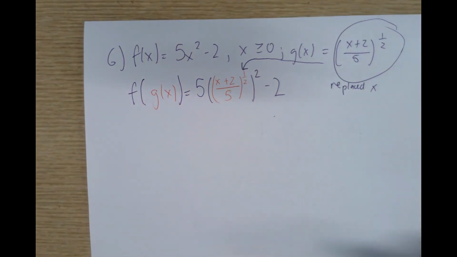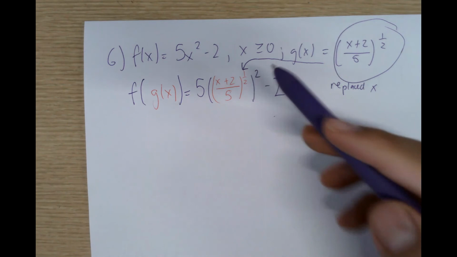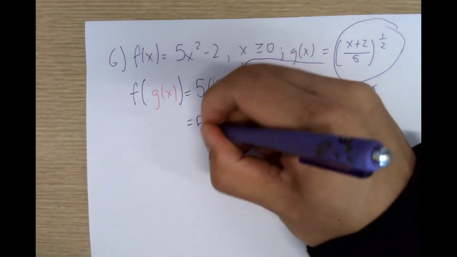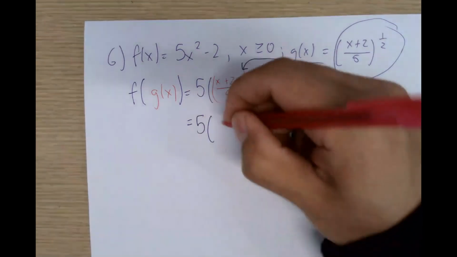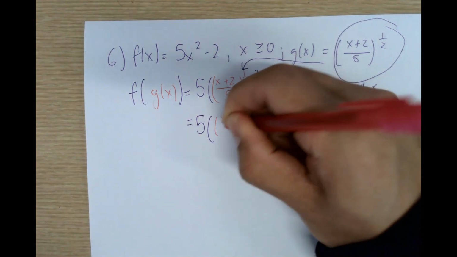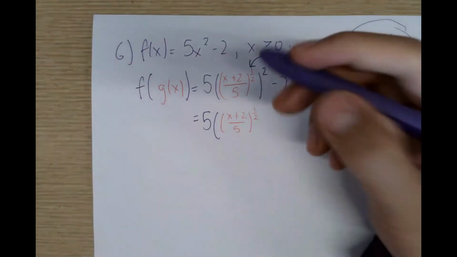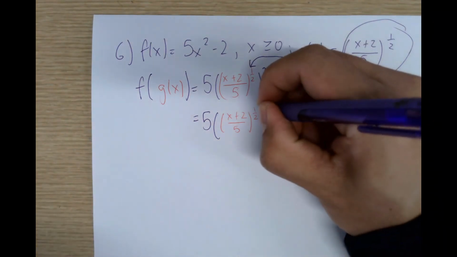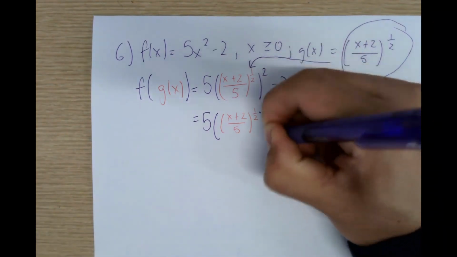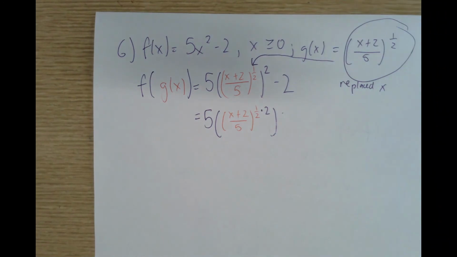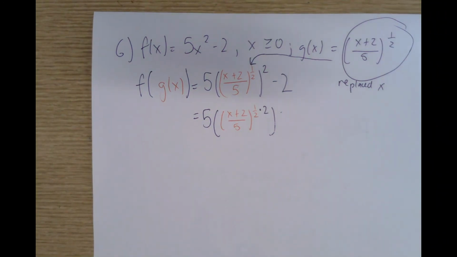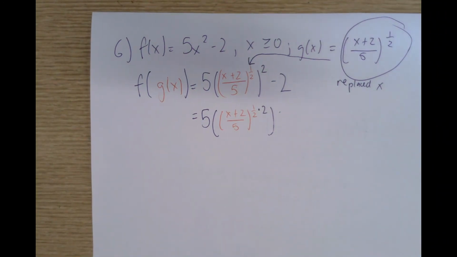The next thing we can do is multiply the exponents. That's definitely the easier way to go. So it would be x plus 2 divided by 5 to the 1/2 power times 2. We're raising it to the exponent, so remember that if you're raising something to an exponent, you multiply the exponents together. 2 times 1/2 is just equal to 1.